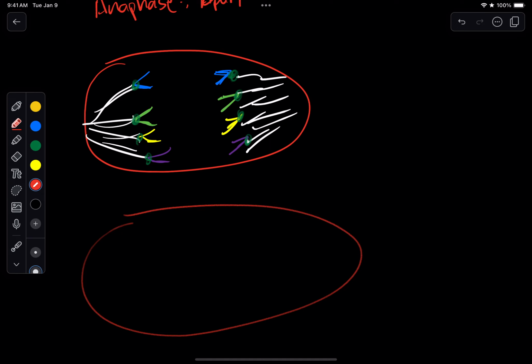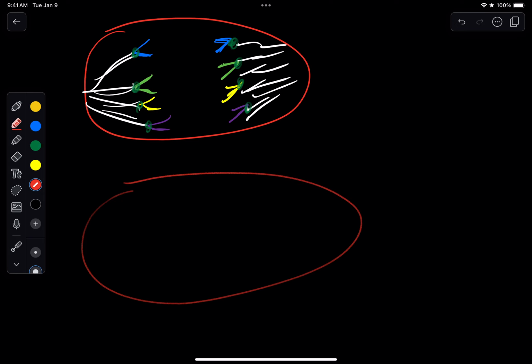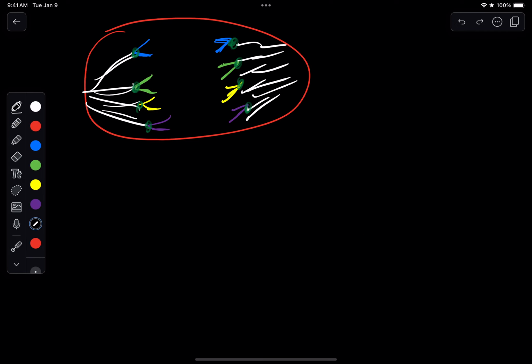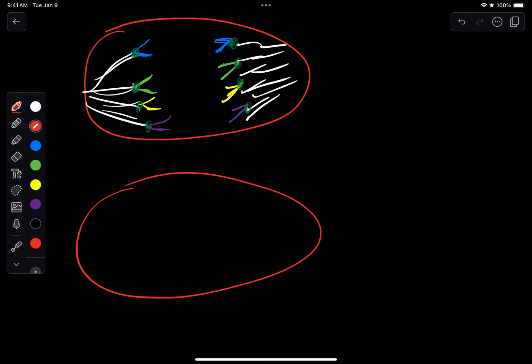During this process, these are still one cell. But now they're apart. They're a little bit messy, and they're going to start unwinding so the cell can read them.